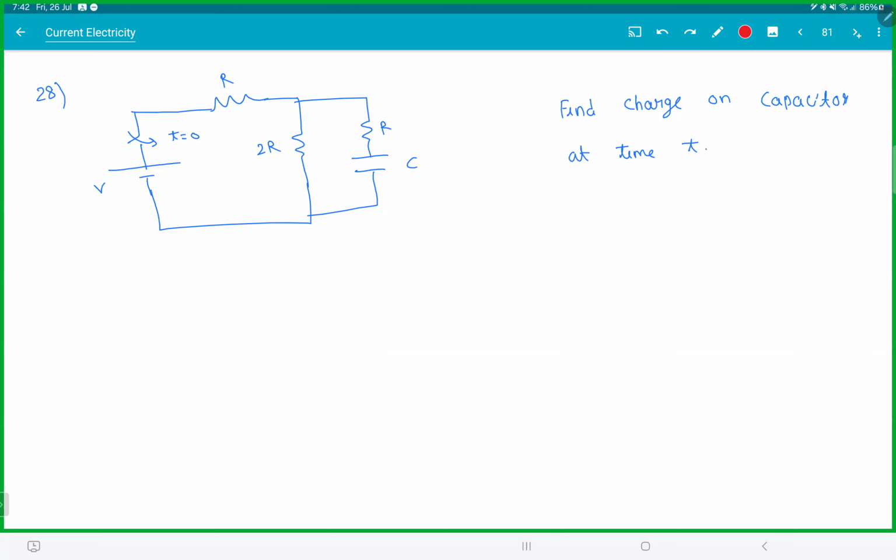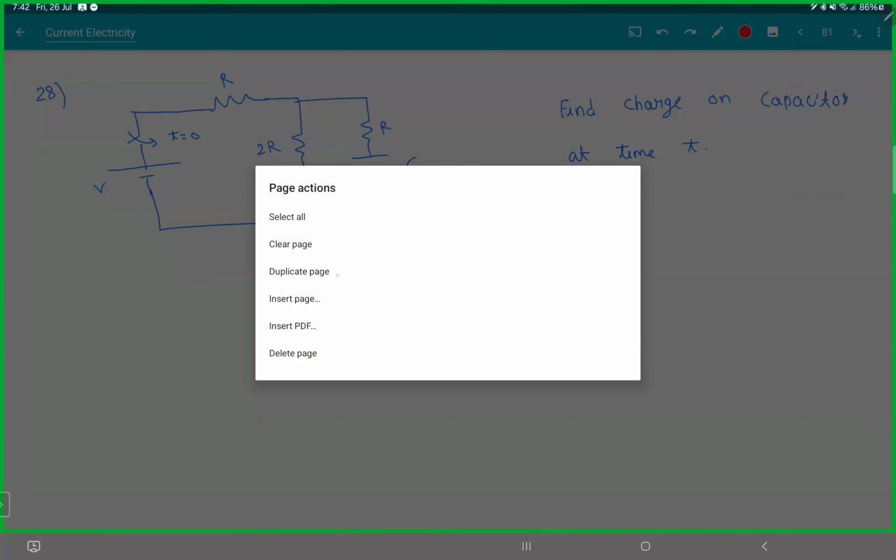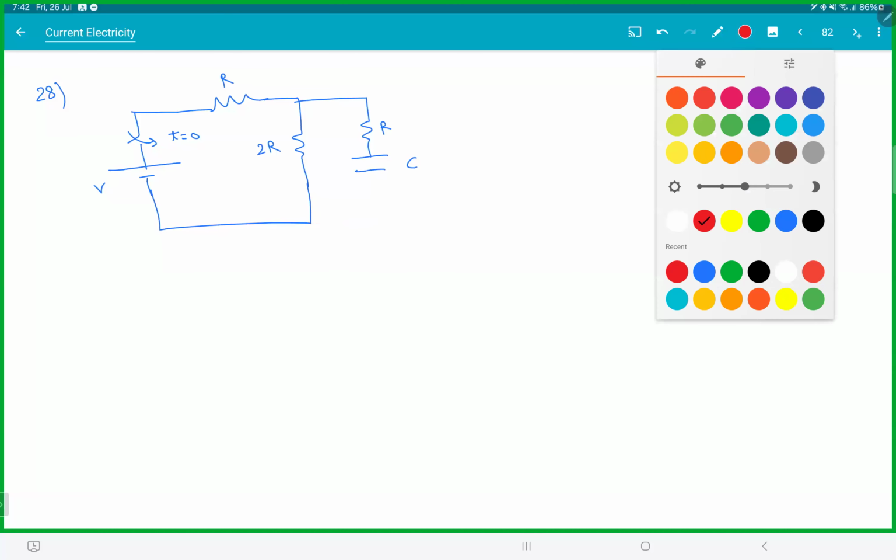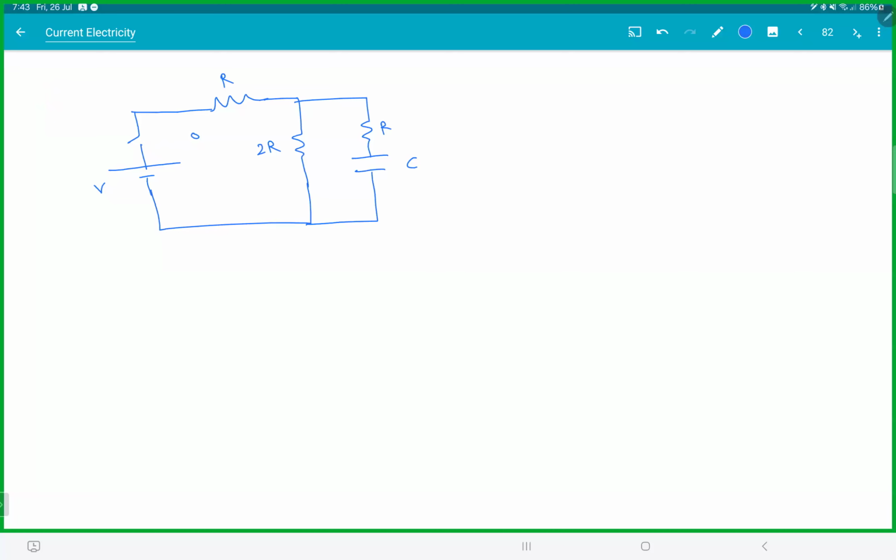Let me show you the equations. Let the current be I. This is I, this is I minus i. This is small i, and this is Q. Apply Kirchhoff loop law in this and in this. This would be V minus IR minus I into 2R equal to 0.